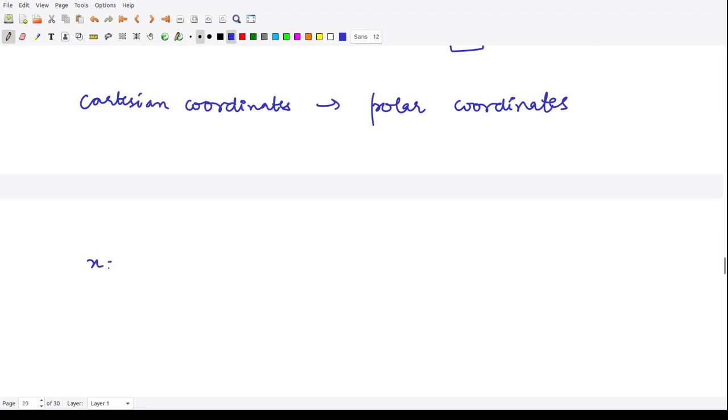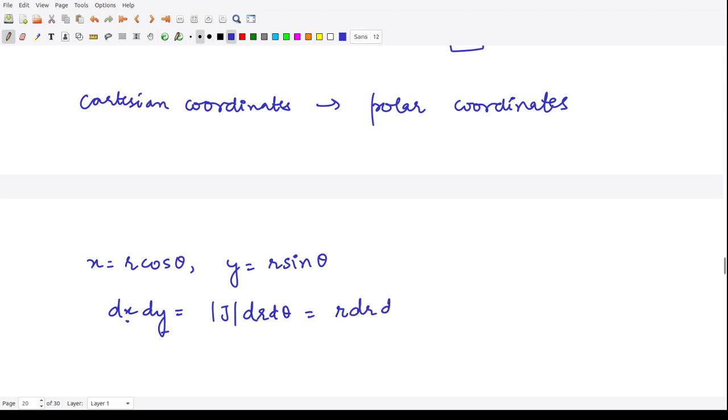In polar coordinates, your x coordinate is written as r cos theta and y is written as r sin theta, and dx dy is equal to the Jacobian of changing from xy to r theta, and the value of the Jacobian in this case is r. So this is r dr d theta.